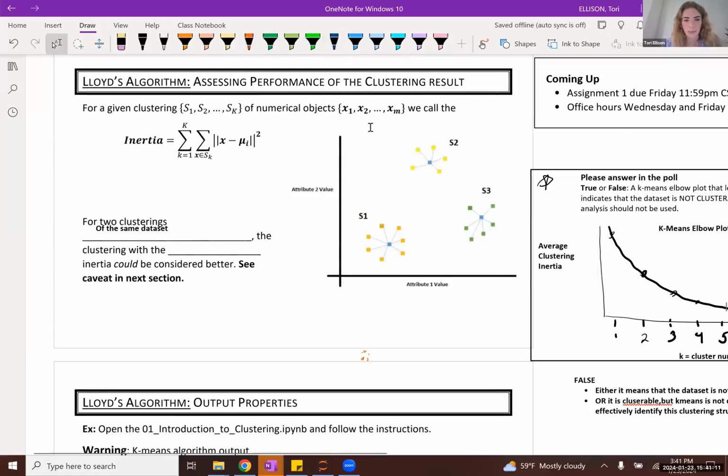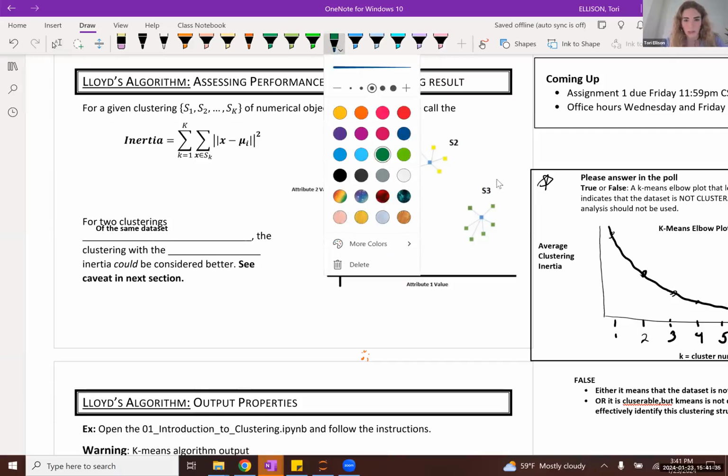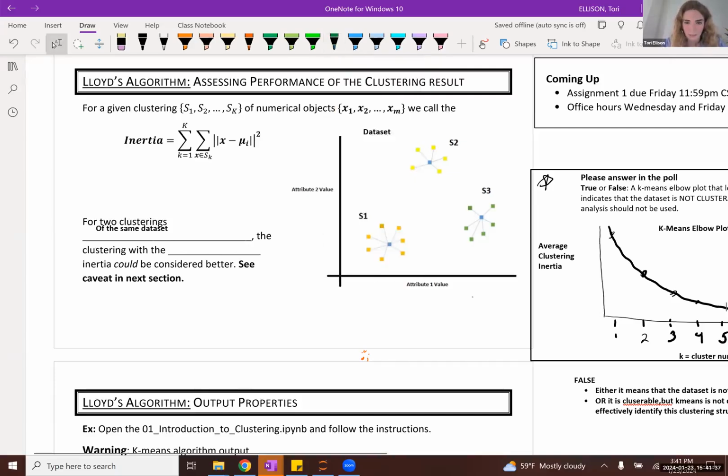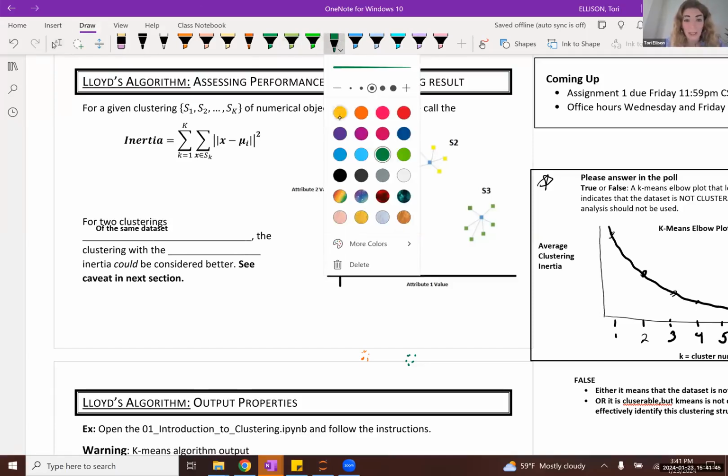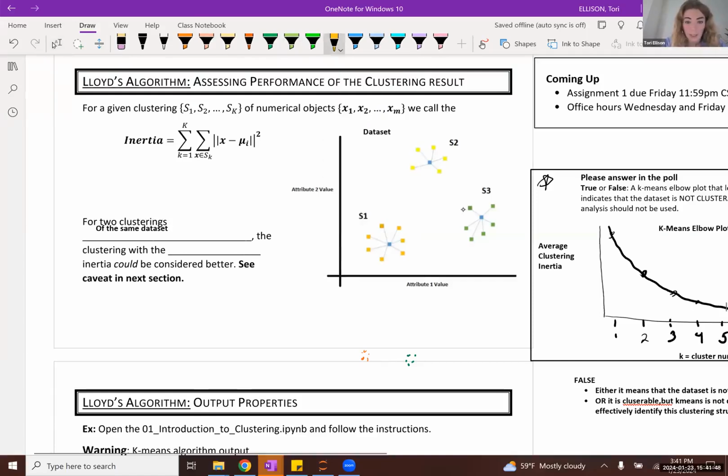Yeah, so for instance, let's just say we have this data set here and our inertia for this clustering of this data set would simply be the sum of the squared Euclidean distances of each of these observations to their respective cluster centroid. But let's just say we had this other data set which looked very similar, except maybe the scale of the data set was shrunk to a degree.